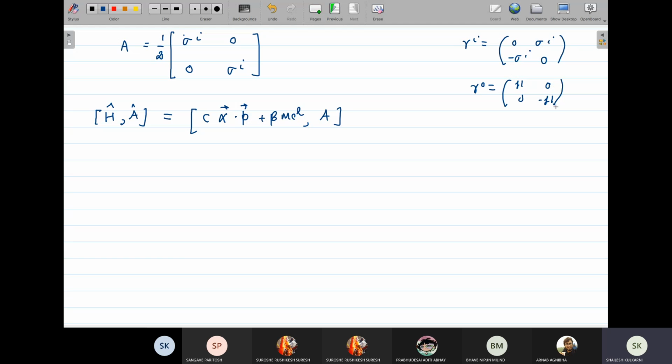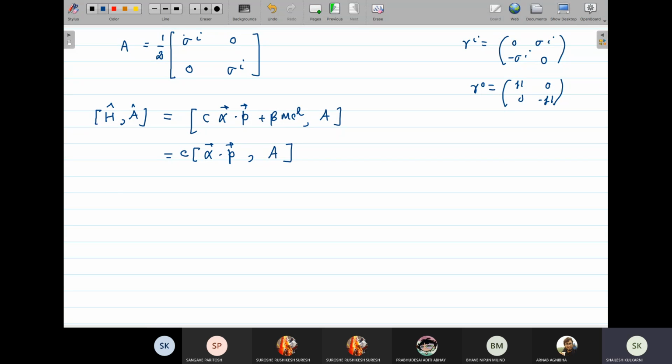It's diagonal completely, so this will commute with this. There is no problem at all. So this will be c alpha dot p commutator with A.